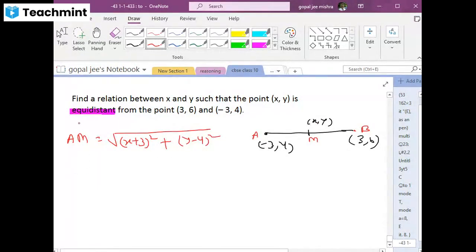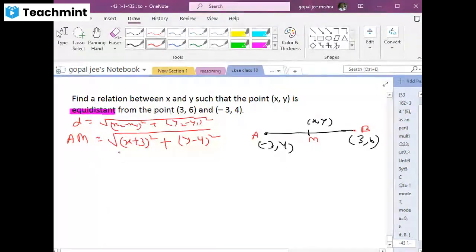You know that the distance between 2 points is the root of (x2 minus x1) whole square plus (y2 minus y1) whole square.